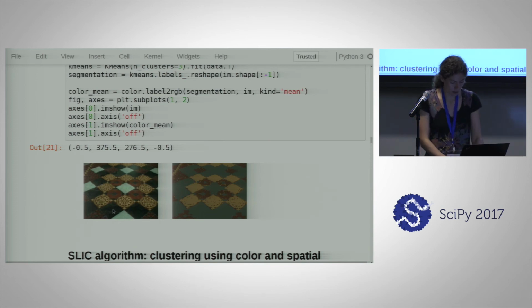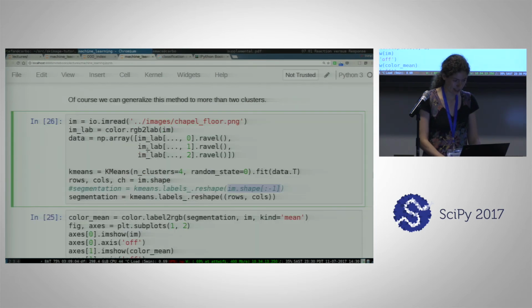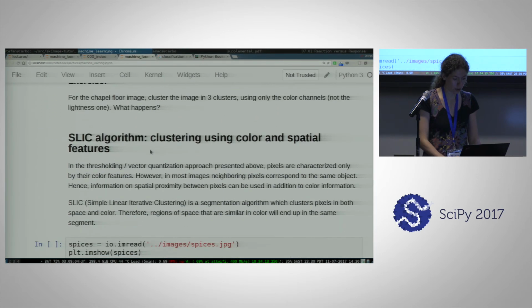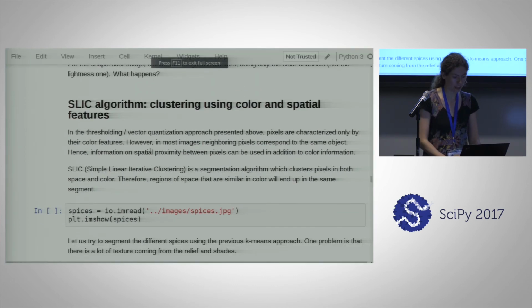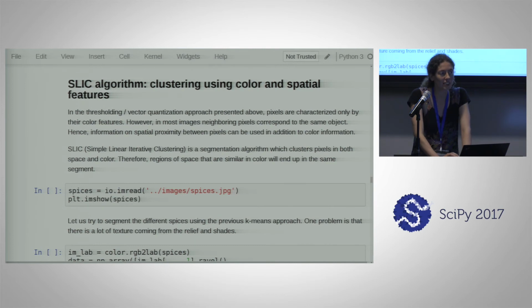Okay, so let's move on to the next part. We'll continue with image segmentation, but we will try to be, let's say, more clever this time, because when we used segmentation using only color information, we actually had a very poor selection of features for one pixel, because in particular we don't use any special information about neighbors.